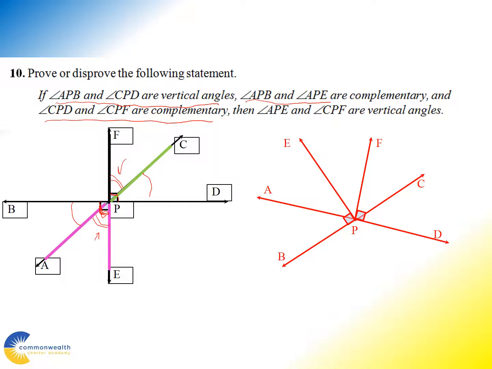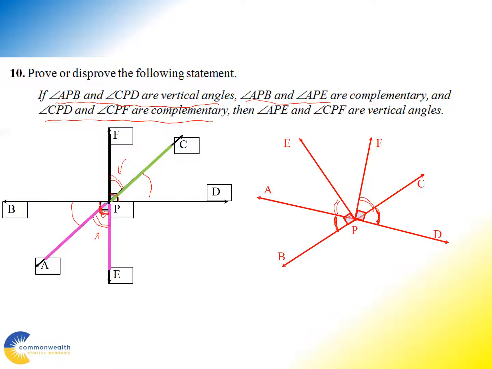Whereas here, I still have APB, which is this angle right here, and CPD being this angle right here. I'm still showing them as vertical angles. That's still true. I have these two being right angles, which means that these are congruent to this.